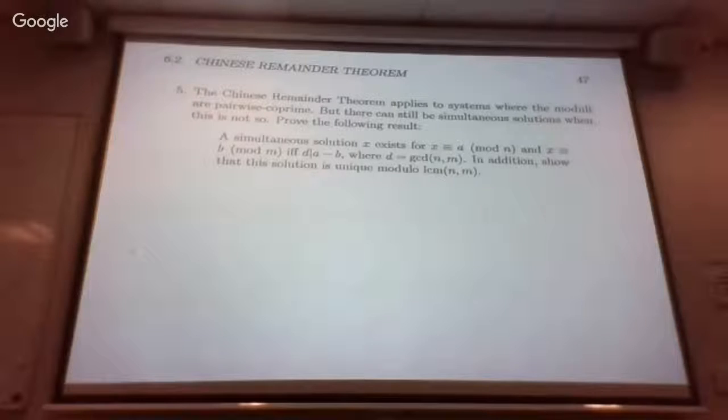Simultaneous solutions if and only if this nice condition that d, which is the greatest common divisor of n and m, if that d divides a minus b, okay, where d is the GCD of n and m.